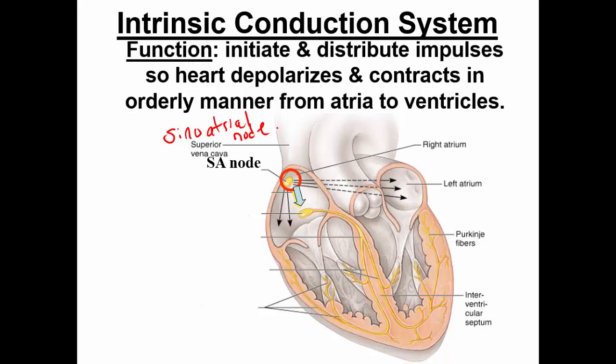Next, the action potential travels through the internodal pathway to the AV node. AV stands for atrioventricular node. And you'll notice that this is also in the right atrium.